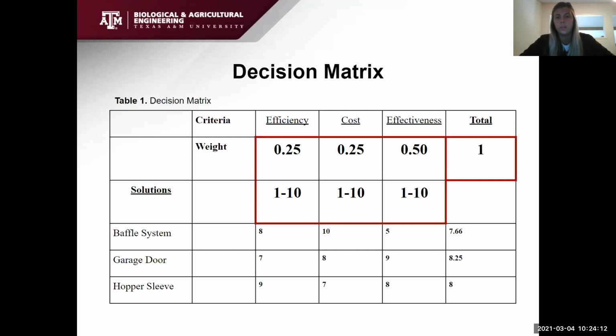The criteria we're using to compare these solutions are efficiency, cost, and effectiveness. By efficiency, we mean how our implementation functions with the system already in place, ensuring that it's not prohibiting any movements and that it can be introduced in a smooth manner.